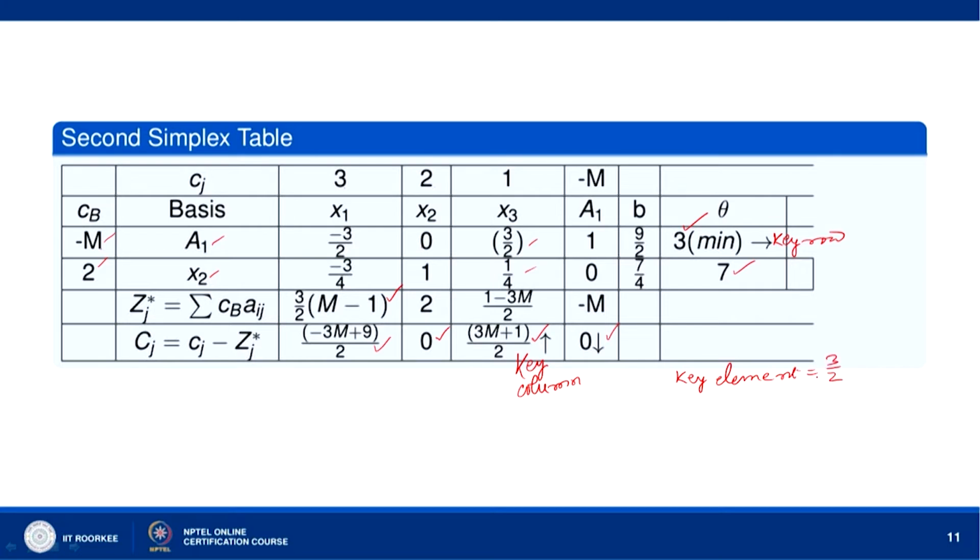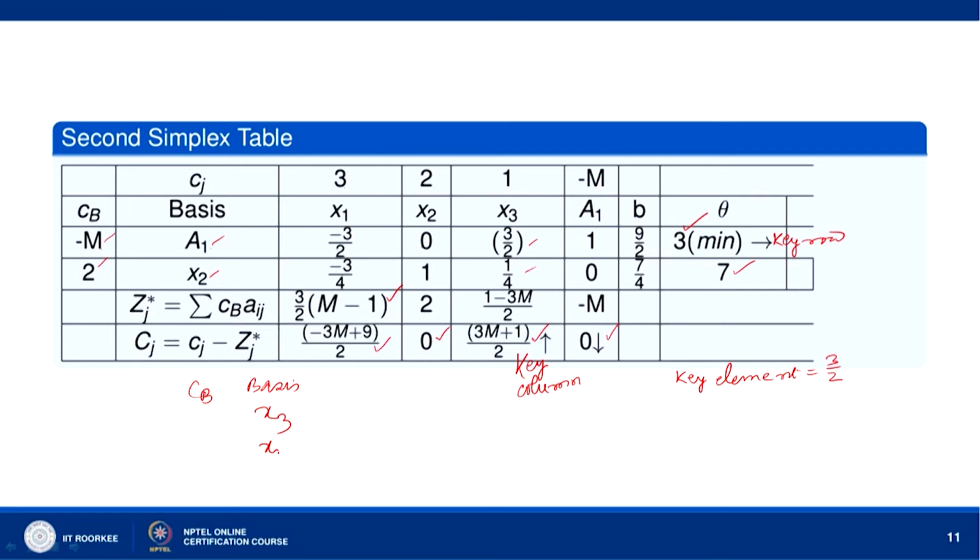Now, after we have allocated the key element, which variable will be going out? A1 will be the outgoing variable, okay, and x3 will be the incoming variable. So, in the new simplex table we will have the CB column, and the basis will have the variables; A1 will be replaced by x3.